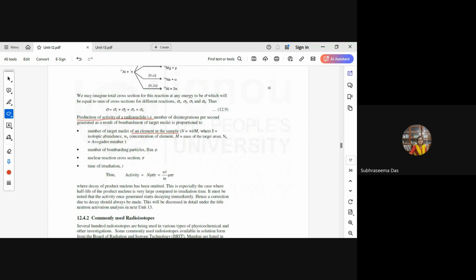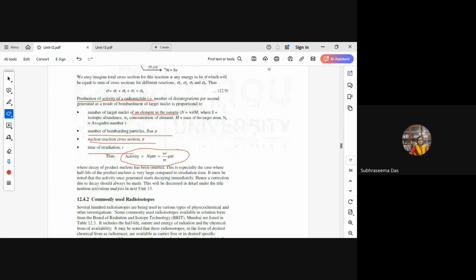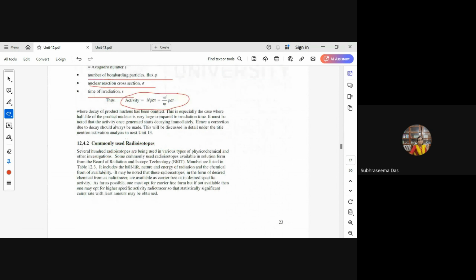It also depends on the number of bombarding particles, the nuclear reaction cross section, given as sigma, and the time of irradiation. Thus, combining all these factors, the activity of a radionuclide is given as N phi sigma t, or we can write it as W over M into phi sigma t. This is especially the case where the half-life of the product nucleus is very large compared to the irradiation time. So activity is given by this equation.